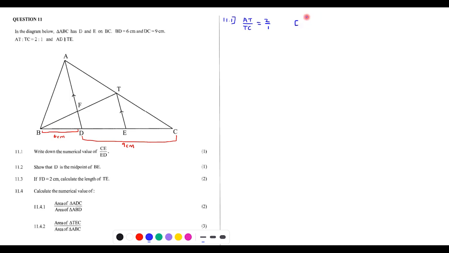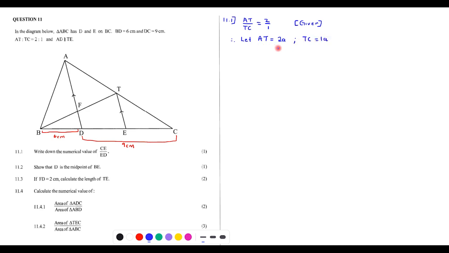Then from there, I'll say, therefore, let AT be equal to 2A and TC be equal to 1A. So what did I just do here?